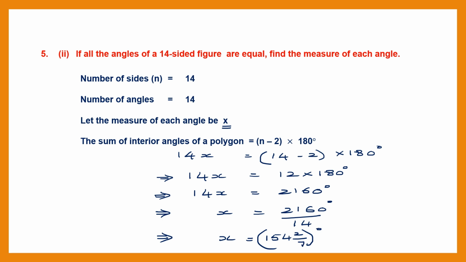So we have found the value of x. And what is x? It is the measure of each angle, and we've been asked to find the measure of each angle. So let's write the value of x here. It is 154 2 by 7 degrees. This is the measure of each angle.